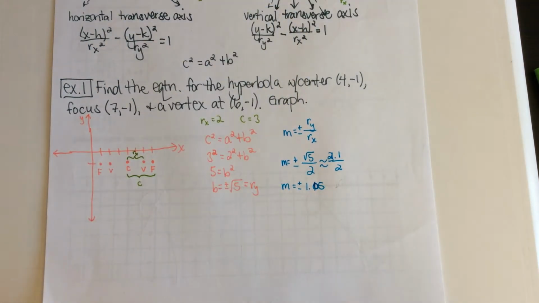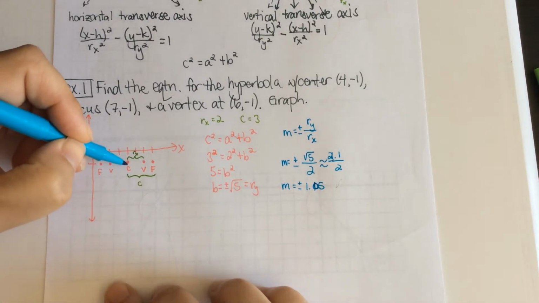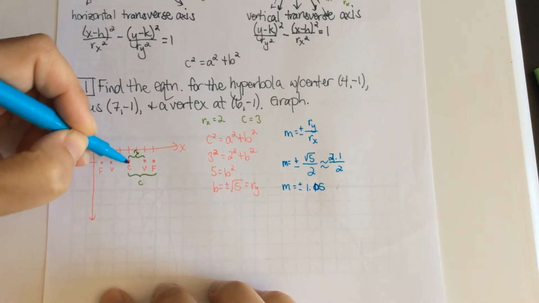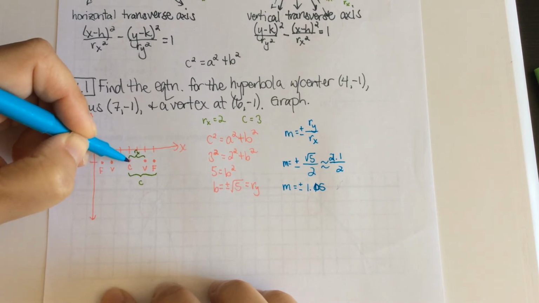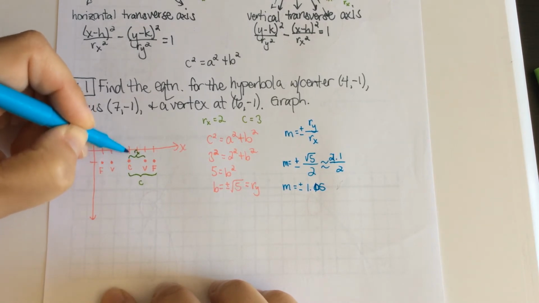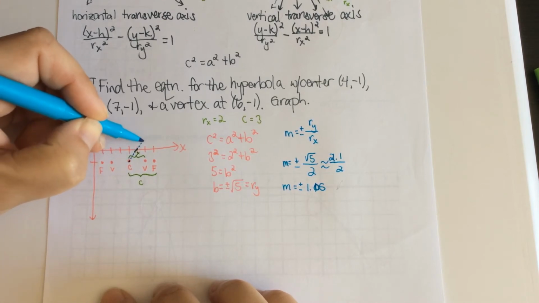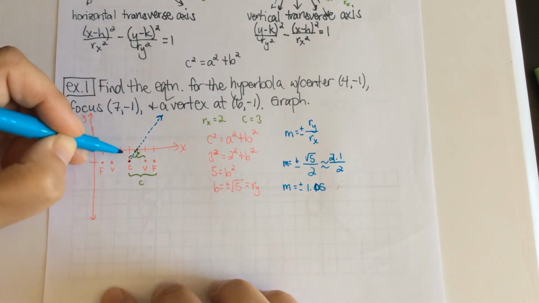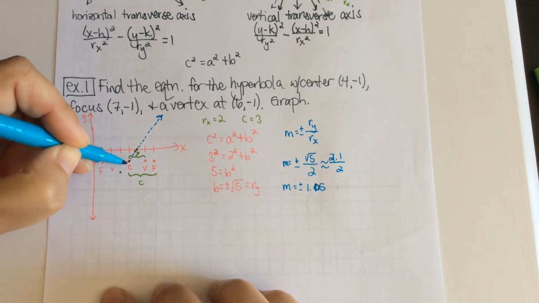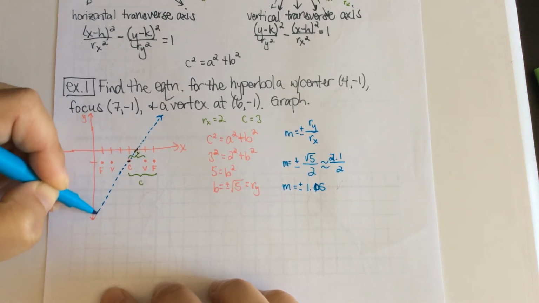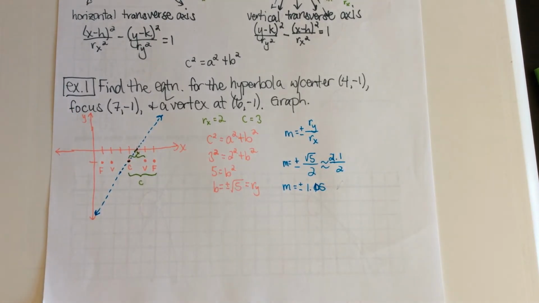So then when I'm plotting the slope, I'm going to always start from the center, just like I said in the last video. And I'm going to plot a slope of approximately 1. So I'm just going to go up 1 over 1, up 1 over 1, because it's so close. If I was doing this on graph paper, it would be much nicer. Down 1 over 1. So there's my positive slope, down and left or up and right.